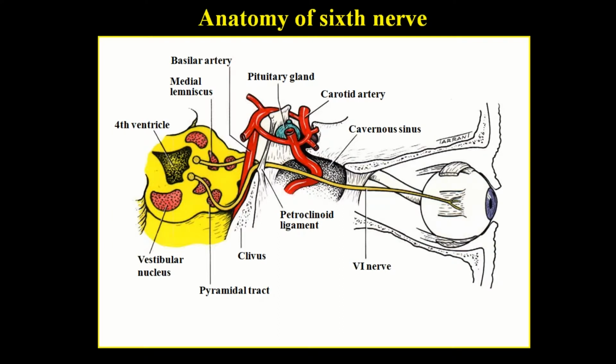Coming to sixth nerve palsy. In sixth nerve palsy, again briefly let's go through the anatomy. The sixth nerve nucleus lies in front of the facial colliculus of the fourth ventricle.